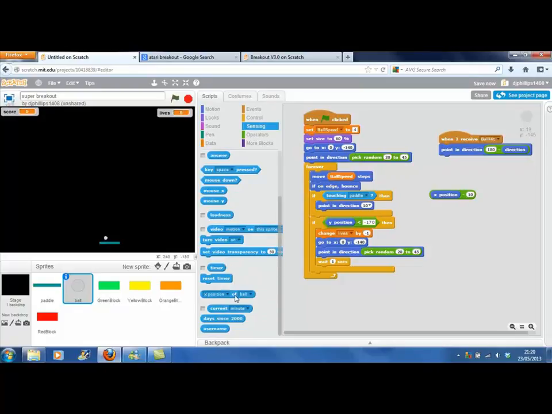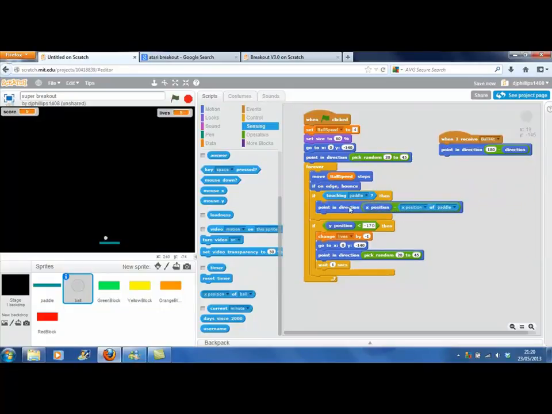The x position not of the ball but of the paddle. So now if I point in direction, when the ball is to the left, it will be a negative figure. When the ball is to the right of the paddle, it will be positive. If you think about up being 0, this is going to work.